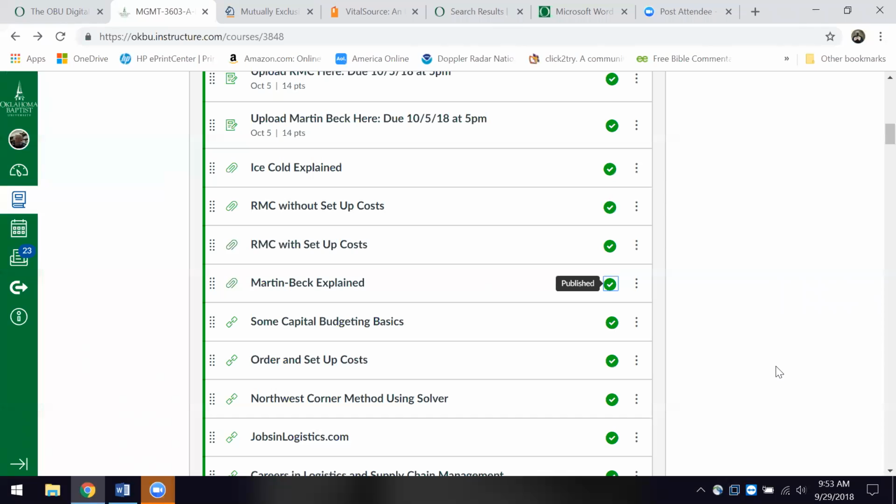So on Wednesday, I'll go through some of this material. And we'll talk about RMC, a manufacturing problem where we have to deal with the issue of setup costs. When we do manufacturing, you have to have the manufacturing line and the tools and the setup in order to make the stuff.